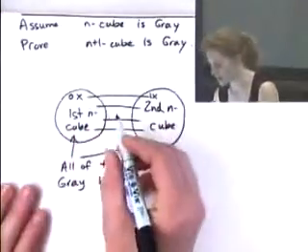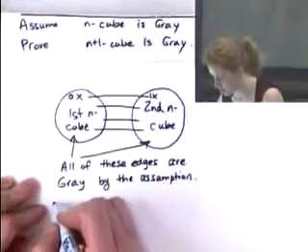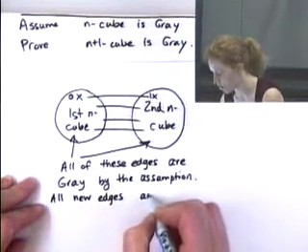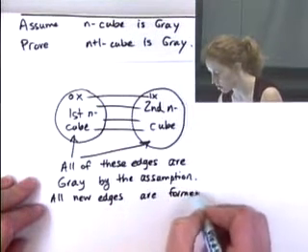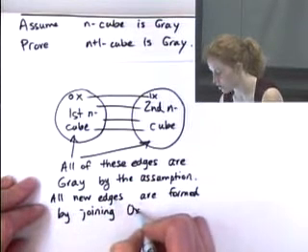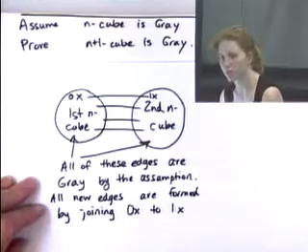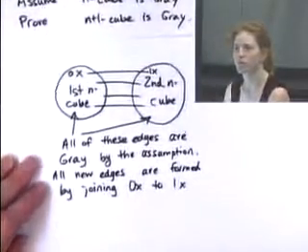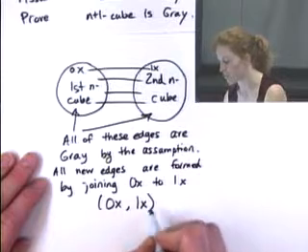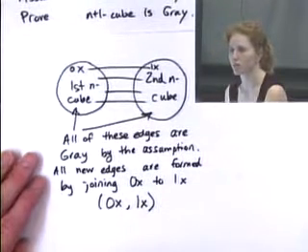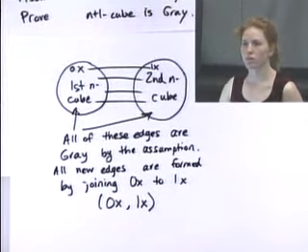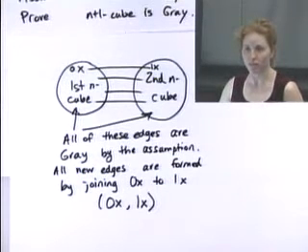Okay, so all the new edges are formed by joining 0x to 1x. Right, so those edges, if I wrote them in an ordered pair format, would be 0x, 1x, which differs in exactly the first bit, right?